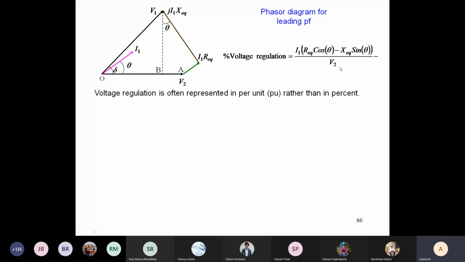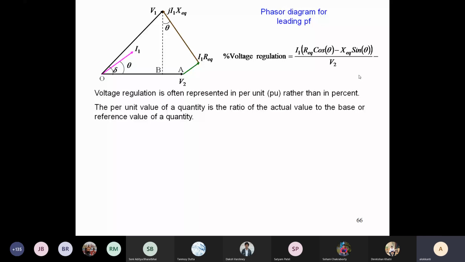So rather than representing in percent, the voltage regulation is also expressed in per unit. So how is the per unit defined? Per unit is defined as the ratio of the actual value to the base value or reference value of the quantity.